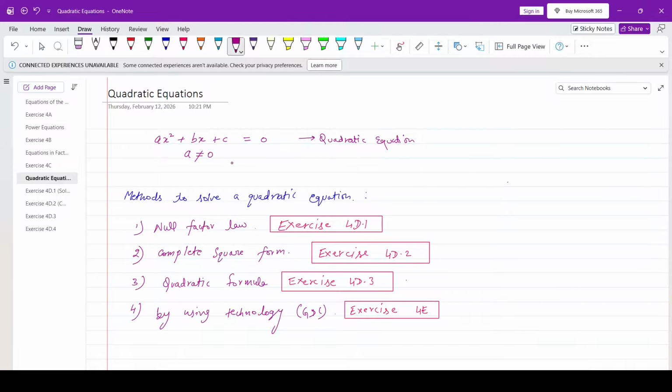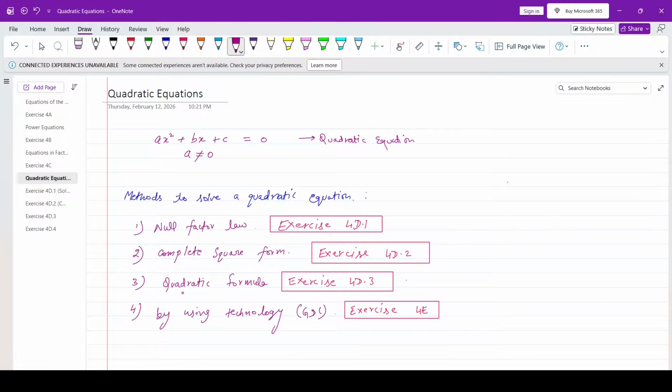Now, in order to solve quadratic equations, we have four methods. First method is null factor law. So in exercise 4D.1, we'll study the null factor law. Second is complete square form that we'll study in exercise 4D.2.